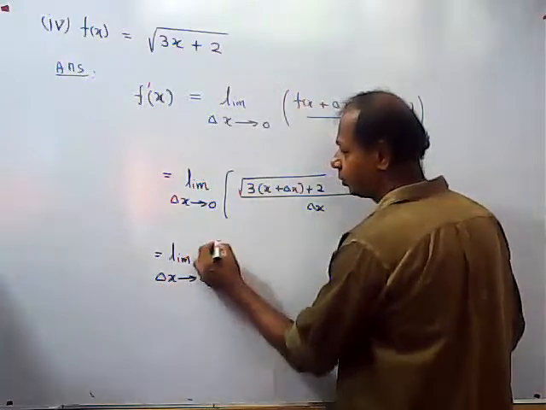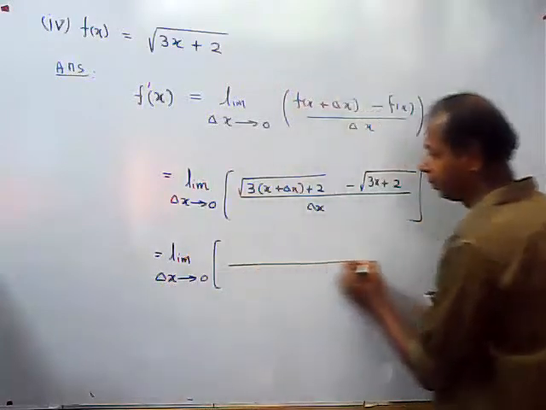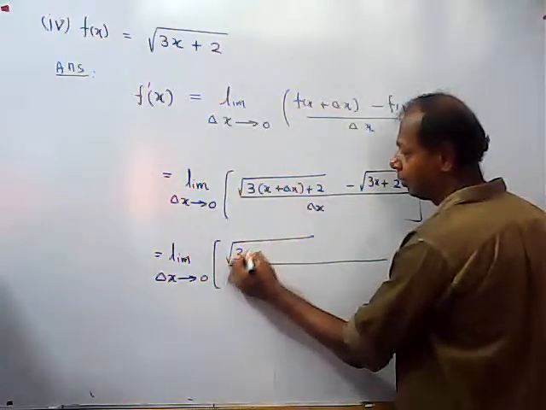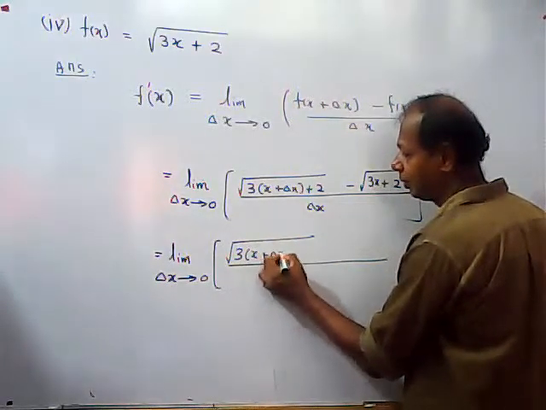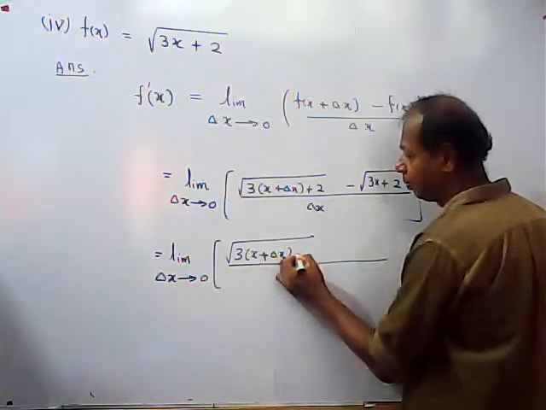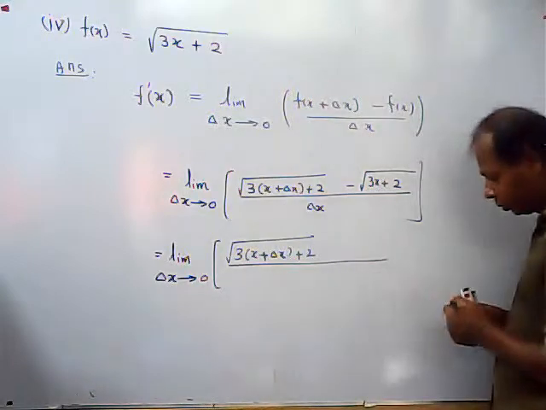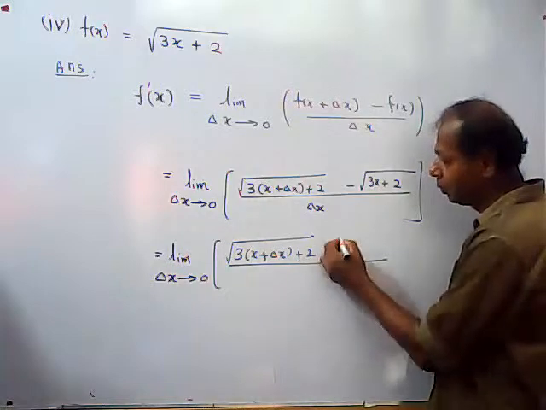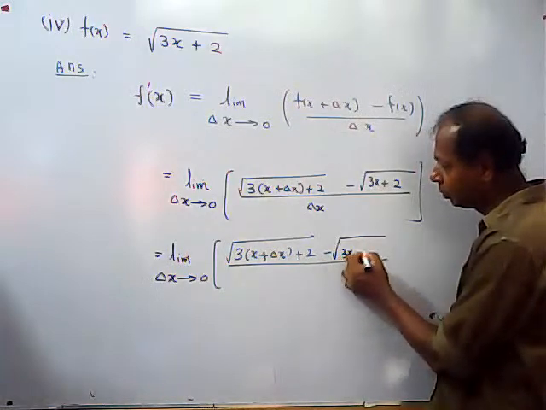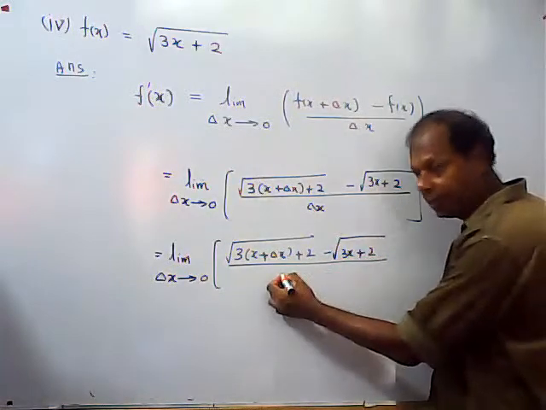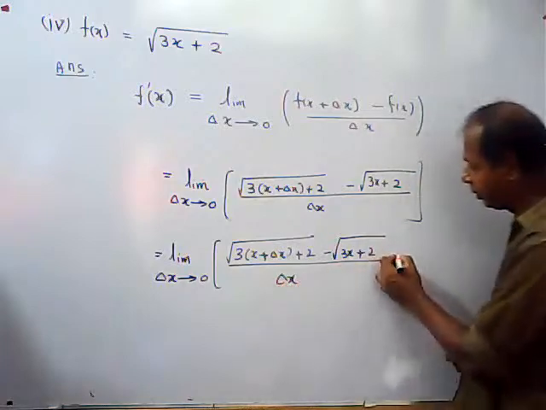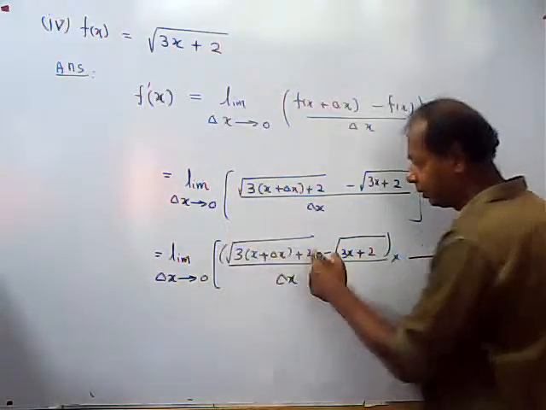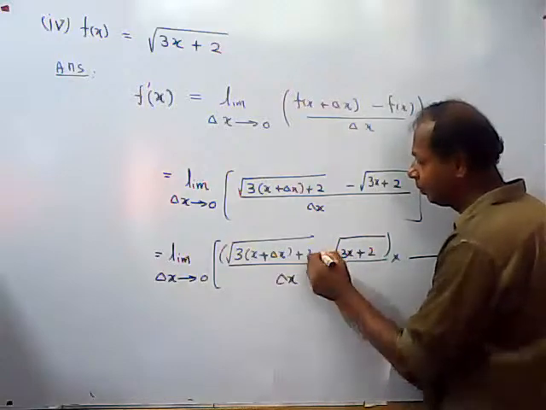Limit as delta x goes to 0. So we have root of 3 times x plus delta x plus 2 then minus root of 3x plus 2 divided by delta x, and at the same time we'll multiply and divide by changing the sign in this middle.